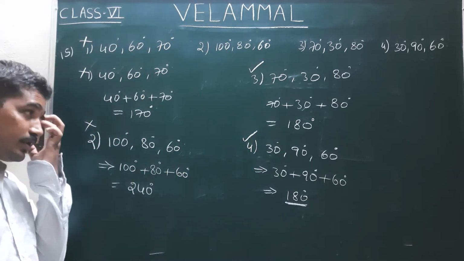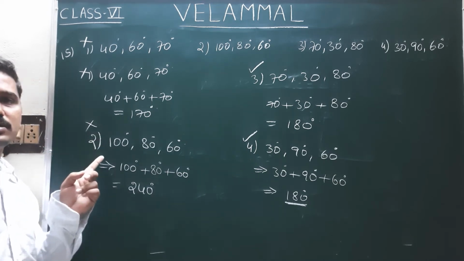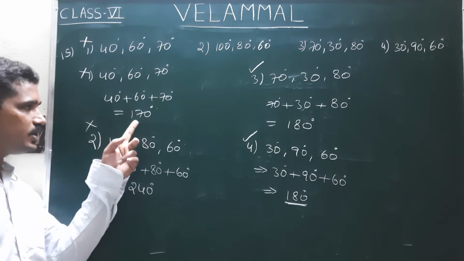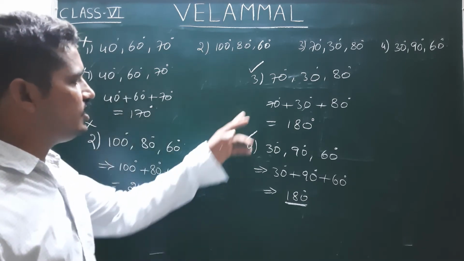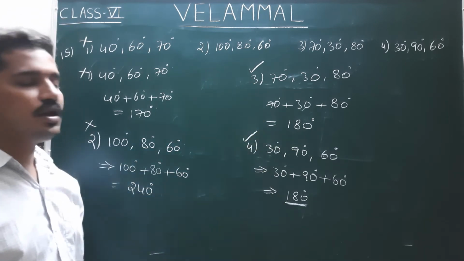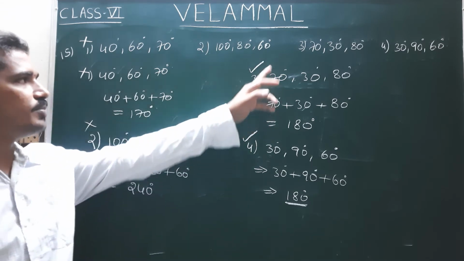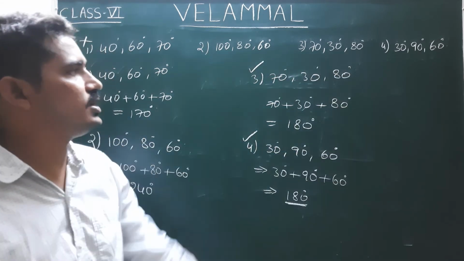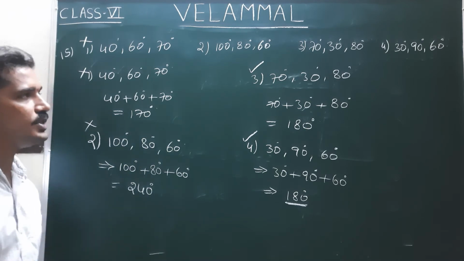Whenever we use the angle sum property of a triangle, by adding the angles we need to get 180 degrees. In the first and second options we are not getting 180, and in the third and fourth options we are getting 180. So 3 and 4 are correct, and these will be the angles of a triangle. Okay, copy this one.